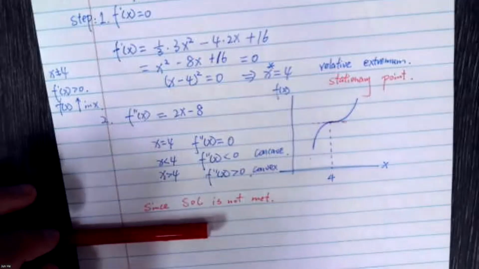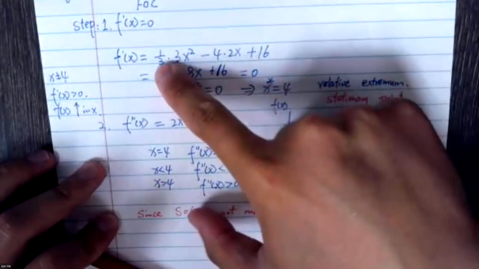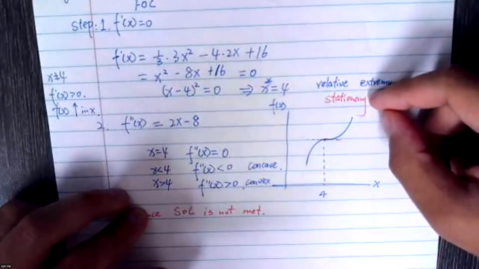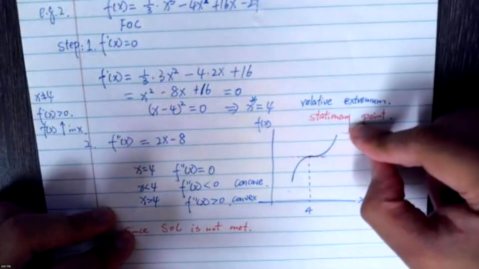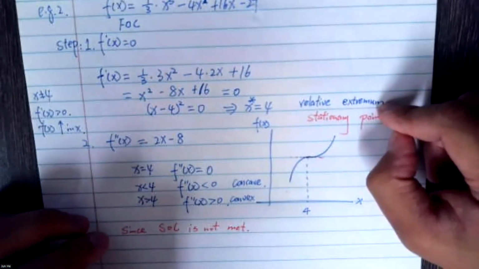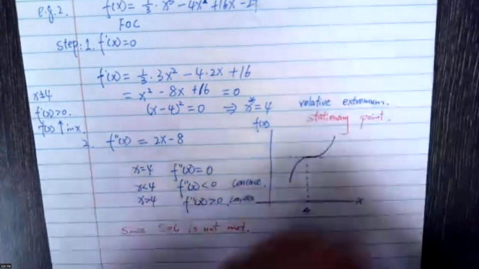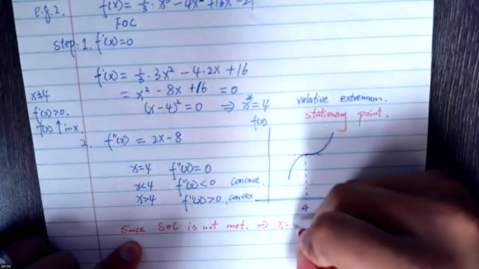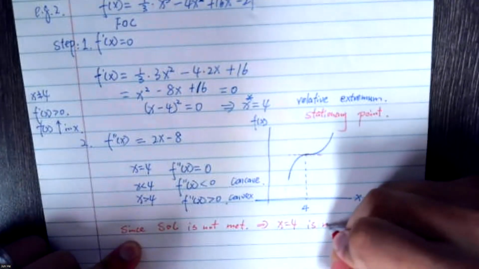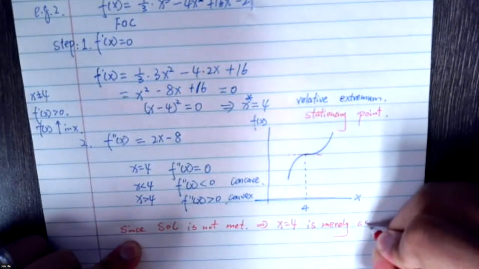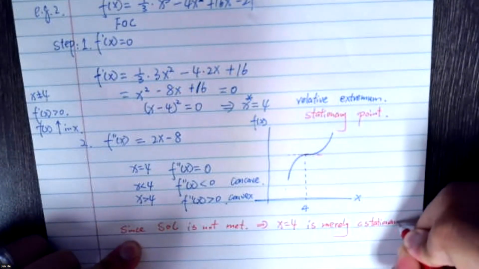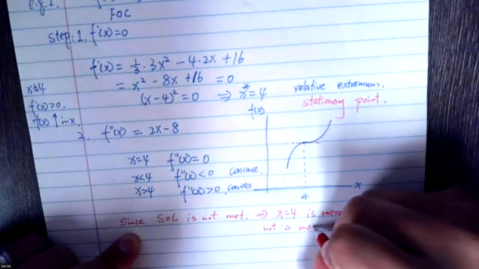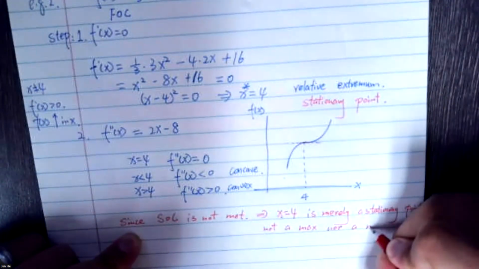And here I'm using this example to demonstrate that even when the first order derivative equals 0, that's why we need to check the second order derivative to make sure whatever you found as the stationary point, or namely relative extremum, is a maximum or a minimum. In this case, since the second order condition is not met, x equal to 4 is merely a stationary point, not a maximum nor a minimum.